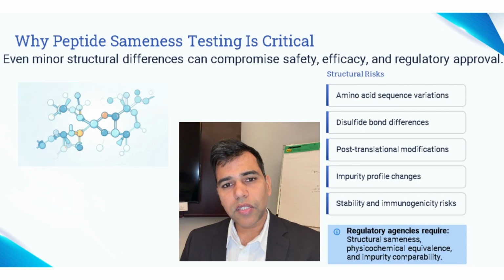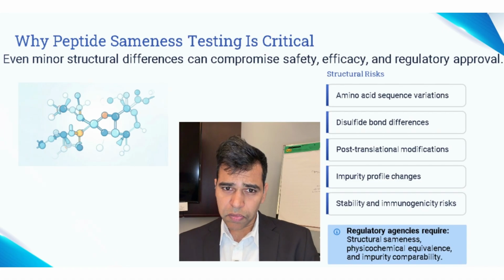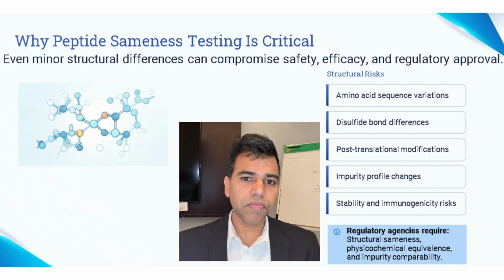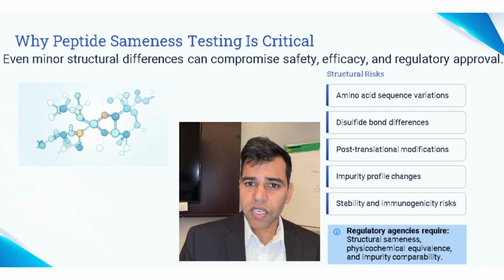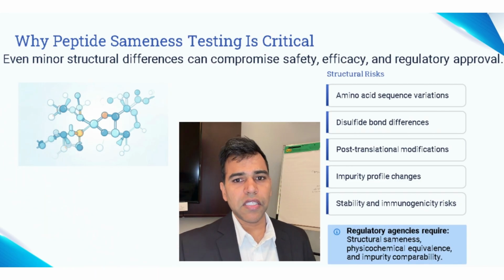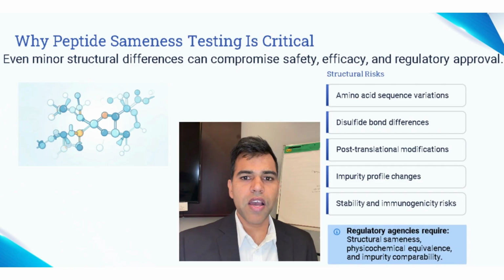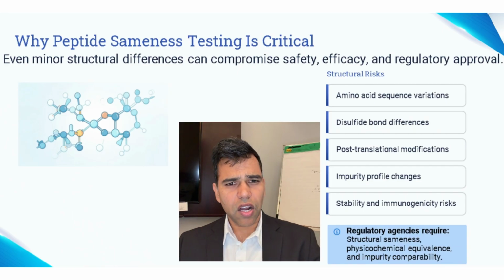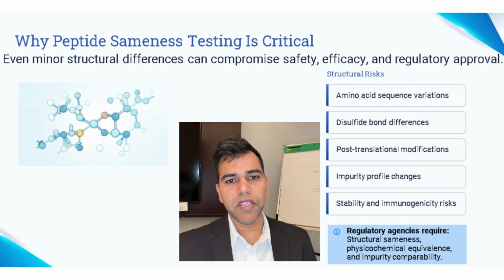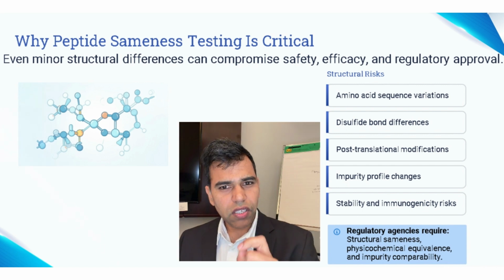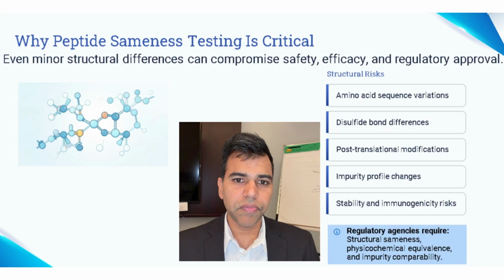Regulatory agencies, particularly the FDA and Health Canada, require something more rigorous: a comprehensive demonstration that your generic and the reference listed drug share the same primary structure, the same higher order conformation, a comparable impurity profile, and similar stability behavior. That's not a single test, that's a whole program.